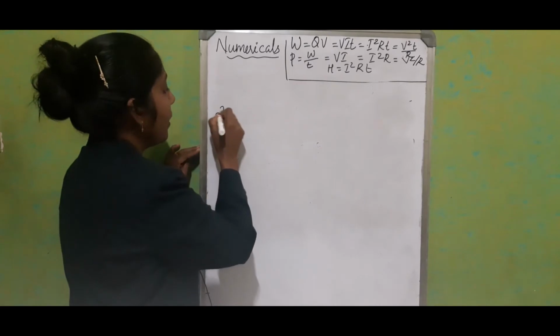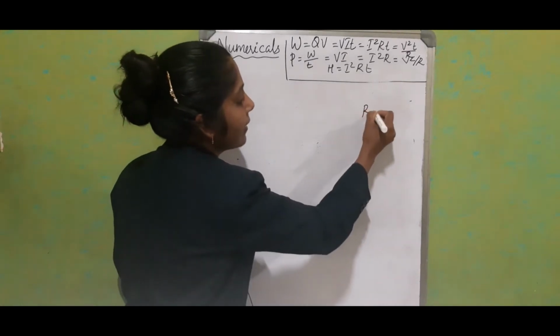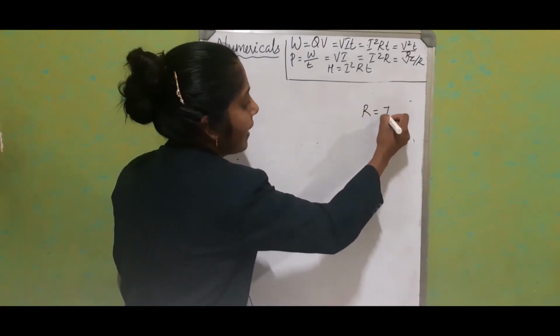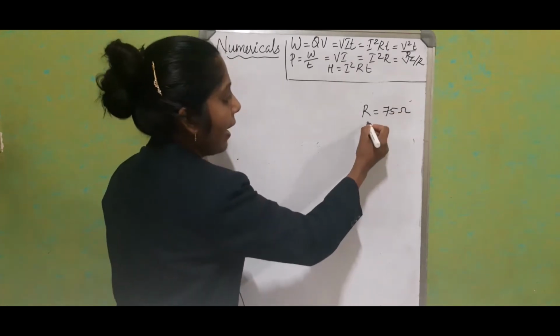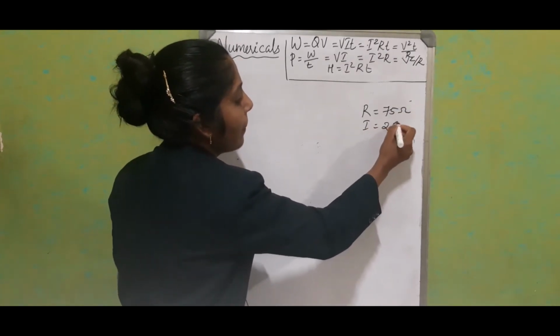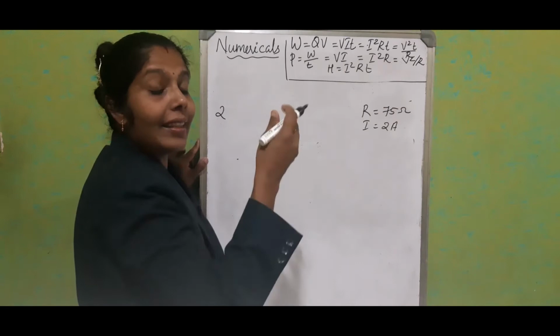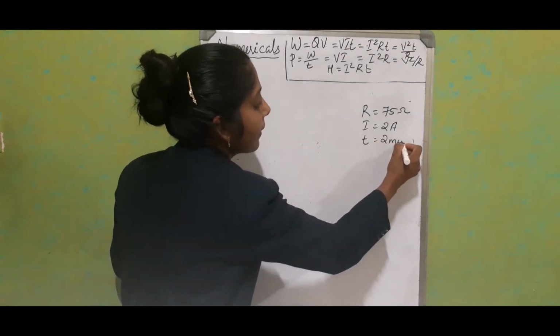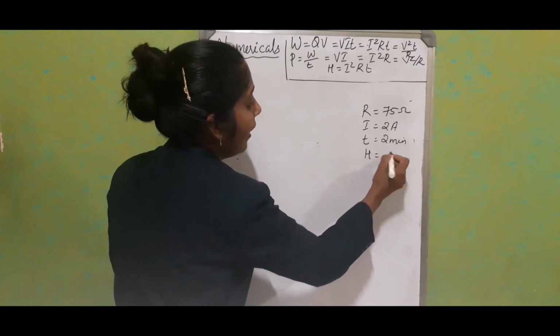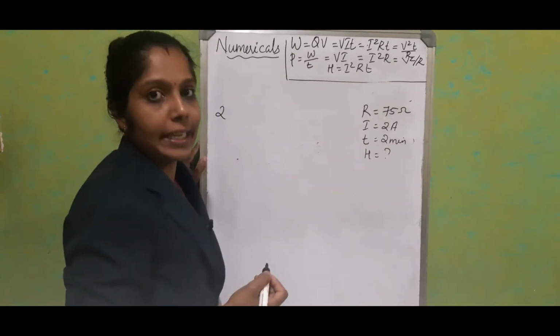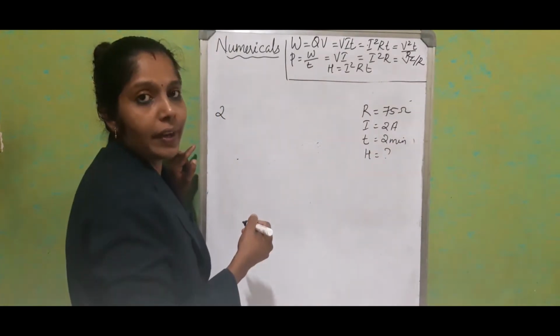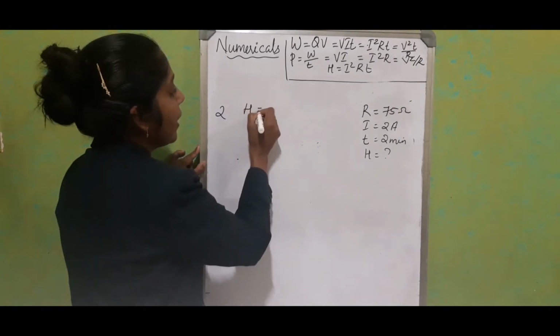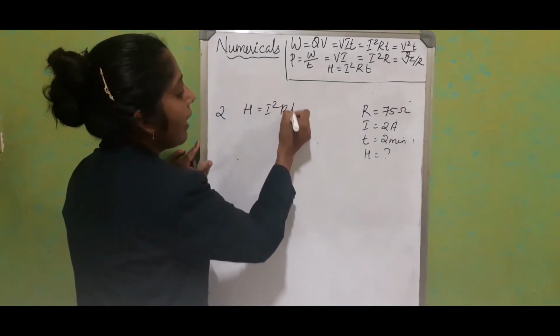In the second question, resistance is given as 75 ohm and current is 2 ampere, and the current travels continuously for 2 minutes. We have to find out the heat energy. Which equation do we have to use? H is equal to I square RT.